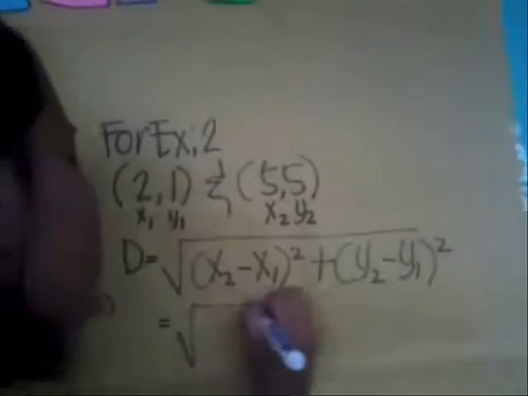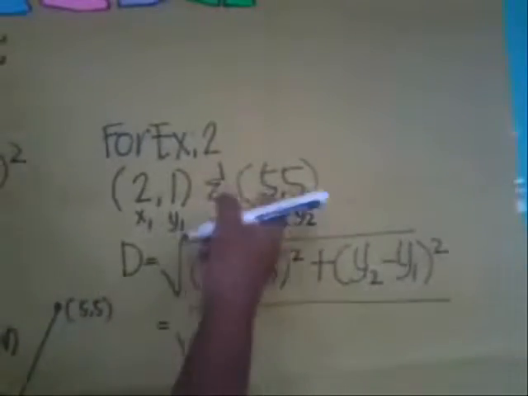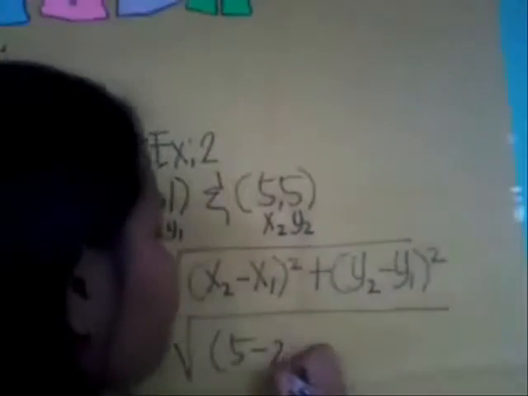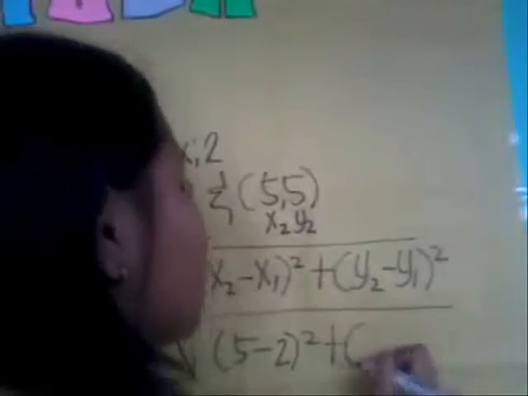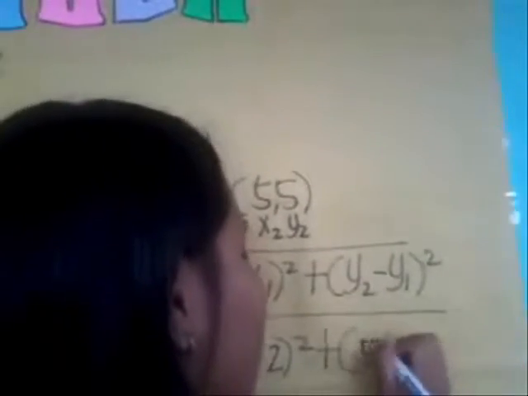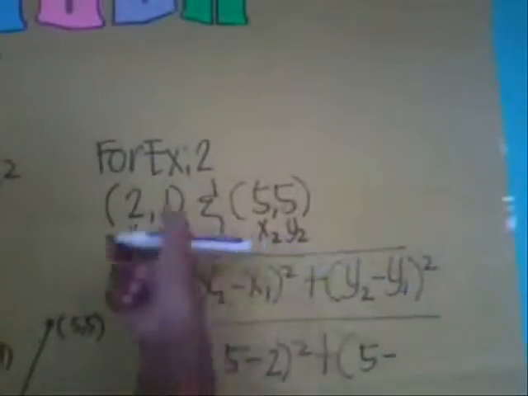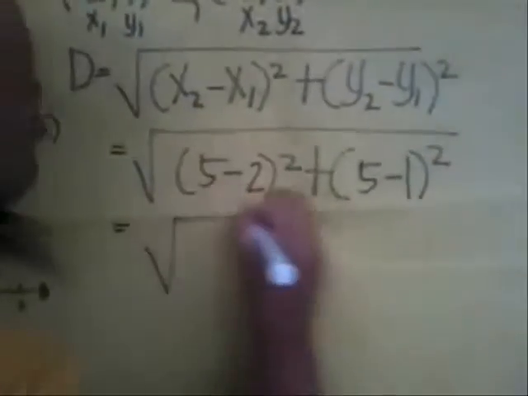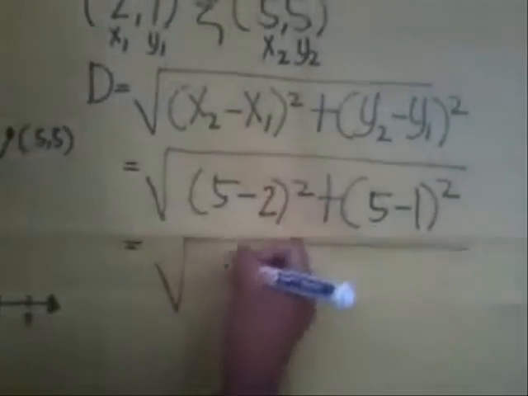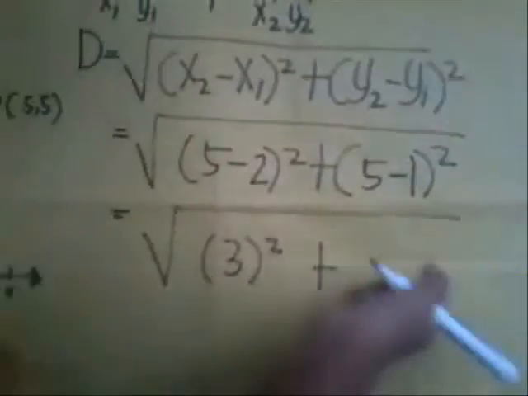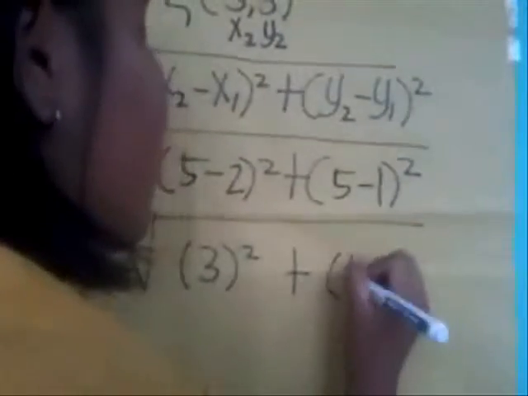So the square root of the value of x sub 2, which is 5, minus the value of x sub 1, which is 2, squared, plus the value of y sub 2, which is 5 again, minus the value of y sub 1, which is 1, squared. So the square root of 5 minus 2 is 3, squared, plus 5 minus 1 is 4, squared.